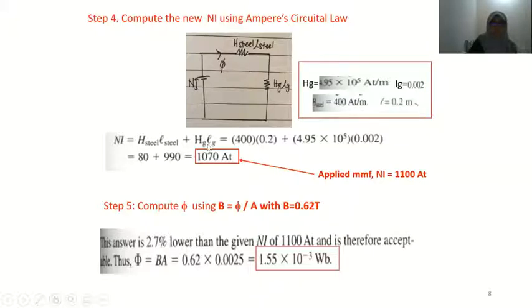We consider this an acceptable value because the answer is about 2.7% lower than the applied Ni.